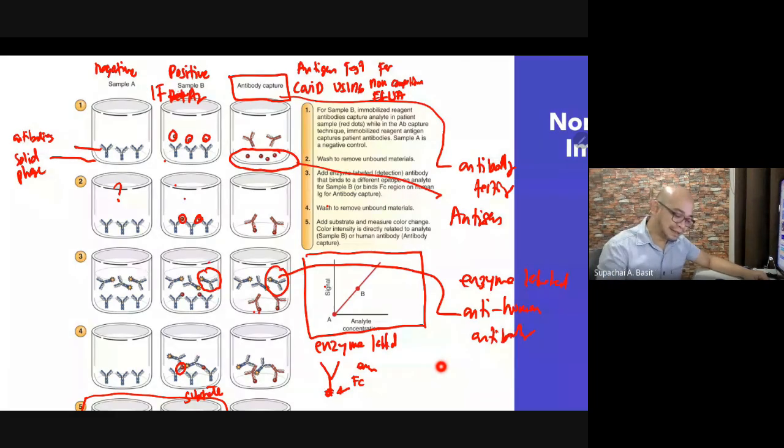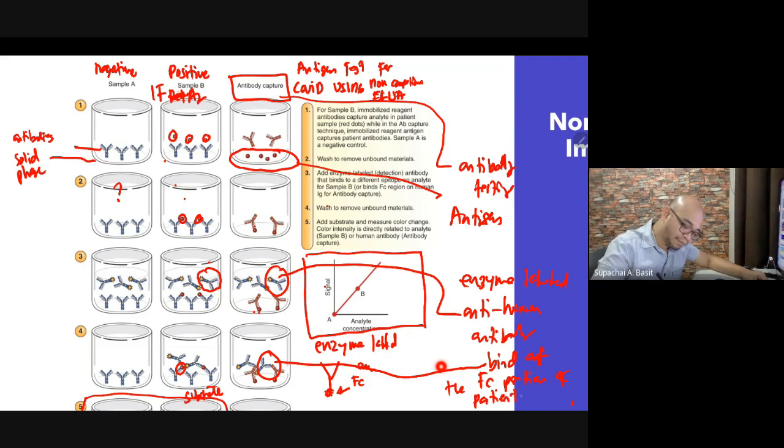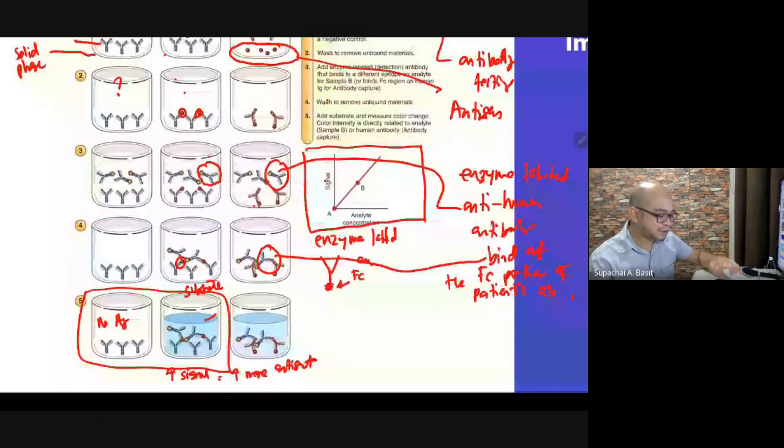Because the enzyme labeled anti-human antibody, as you can see here, will bind at the Fc portion of the patient's antibody.